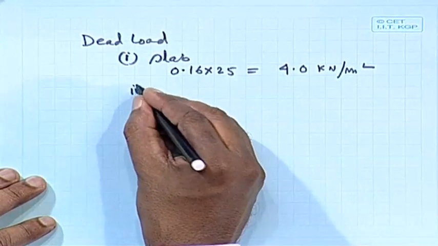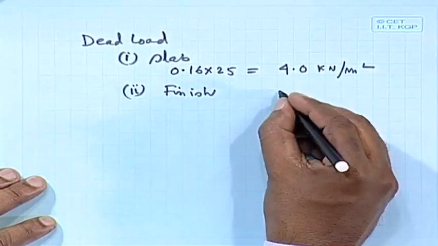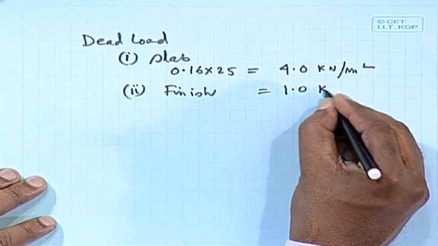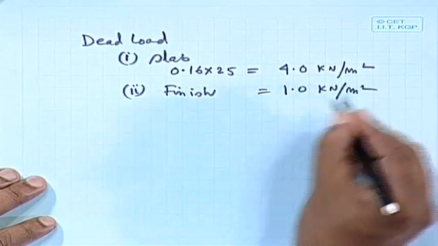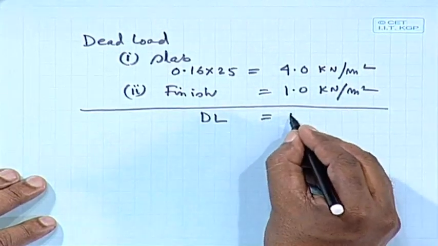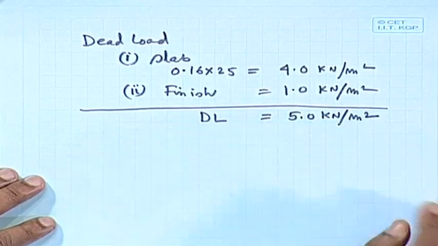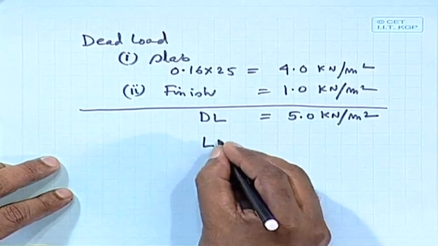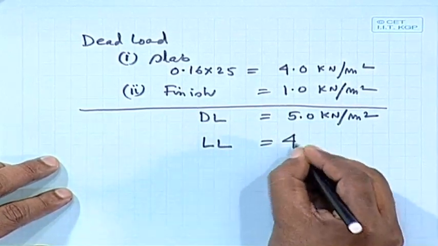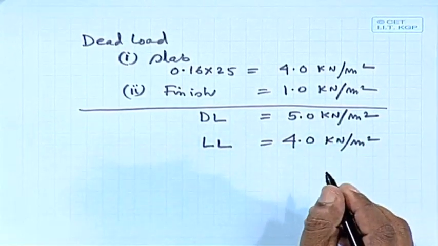Finish: 1 kilonewton per square meter, which is already given. Dead load is 5 kilonewton per square meter. Live load, already specified, is 4 kilonewton per square meter.